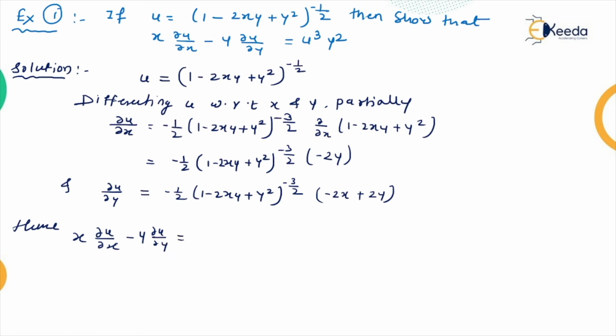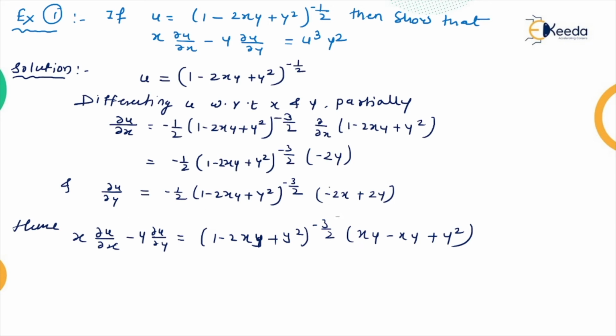So it becomes (1 − 2xy + y²) to the power minus 3 by 2, times x(y − x) minus y(y − x)... just add them up and take the common term. This bracket to the power minus 3 by 2 is common.